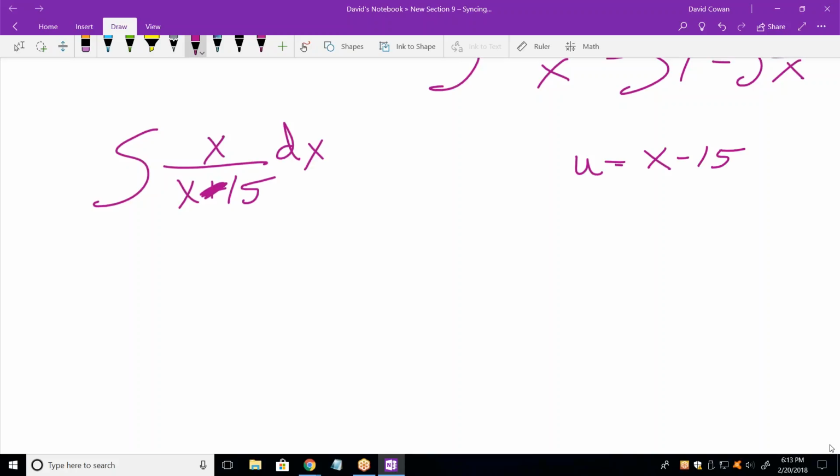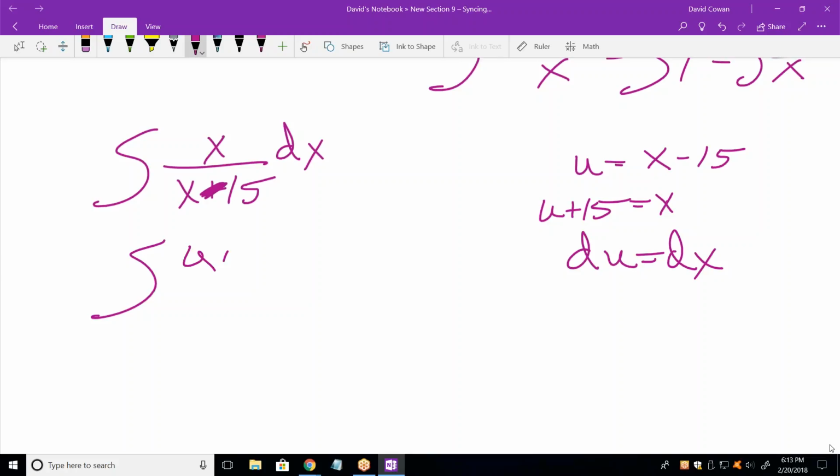Now, that means x is equal to u plus 15. Furthermore, du equals dx. Now look what happens to this integral when I turn it into an integral in u. The top becomes u plus 15, that was x. The bottom becomes u, and it's now du.